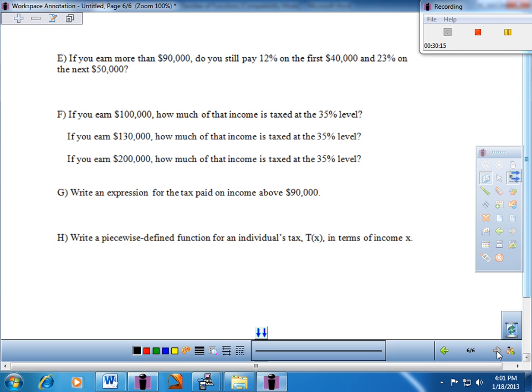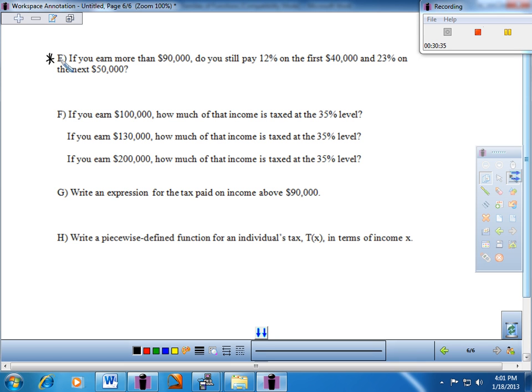Let's go get the next piece, everybody. Letter E. So it says, if you earn more than $90,000, all right, so we're starting to earn the big money here. Do you still pay 12% on the first $40,000? And would you still pay 23% on that next $50,000? Again, a little asterisk if you would.